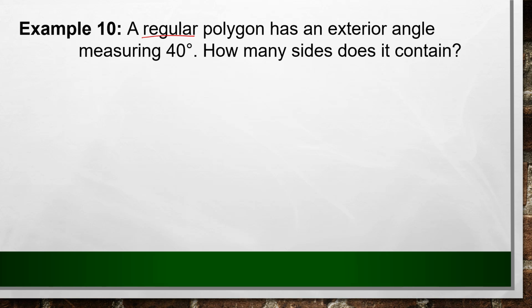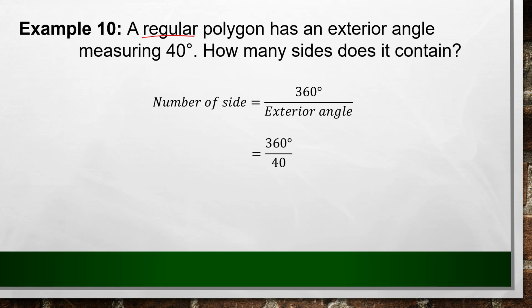So we know the sum of all the exterior angles, right? And that's 360 degrees. So to find the number of sides, we will just divide 360 by the given exterior angle, which is 40. So 360 divided by 40 is equal to 9. So our regular polygon here is actually a nonagon. Okay?